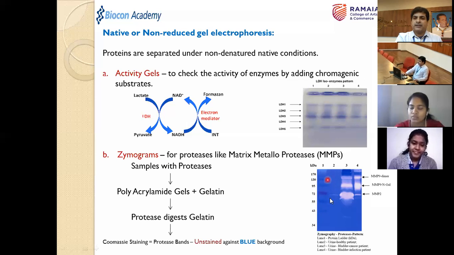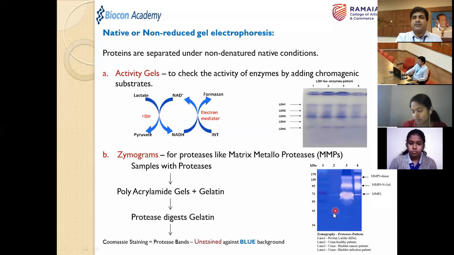So the gel is blue color, and wherever the proteases are there, those are appearing lucent or unstained. Okay, why unstained? Because these are the regions where proteases from the sample acted on gelatin which is present in the gel, and this gelatin is a protein. So this protein is not there. There is no protein because of the protease, and when there is no protein, it will not be stained by Coomassie.